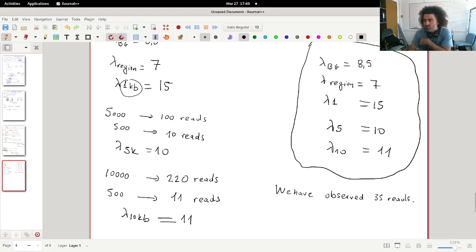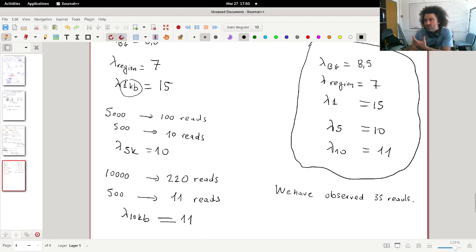If we're going to be conservative, being conservative means that we don't want to think so easily that the region is interesting. We don't want to think so easily that this region with 35 reads corresponds to a real peak, to a real binding of a transcription factor, but has been generated just by chance by one of these processes.